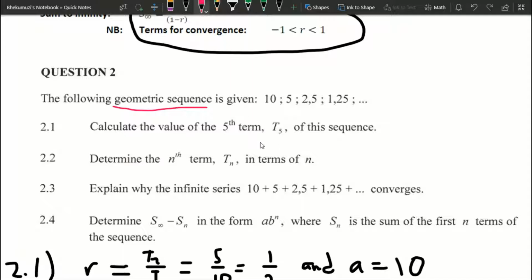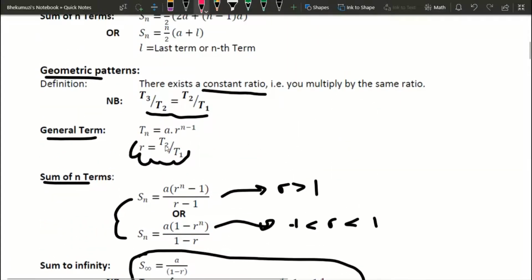If they're asking us to calculate the value of the fifth term, that is T5, what can you do? Now the first thing you can do is, since they already told you that it is a geometric sequence, you already know that what you really need is the ratio, r, which is T2 over T1.